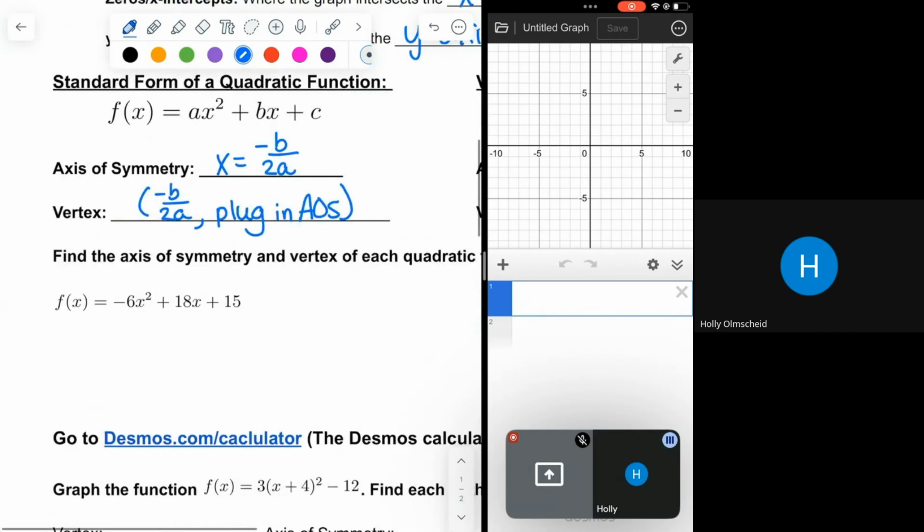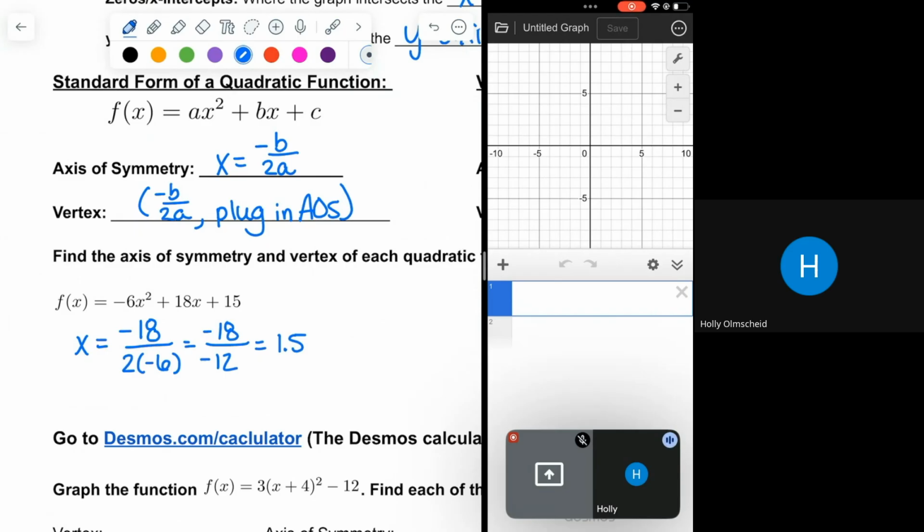So if I want to find the axis of symmetry and vertex for each quadratic here, I'm going to take this one in standard form. So I need negative b. So I've got negative 18 over 2 times negative 6. So that's negative 18 over negative 12, which will give us 1.5.